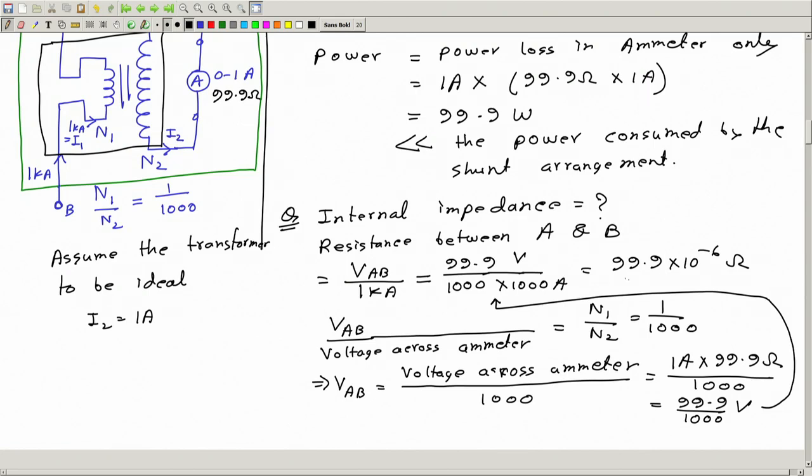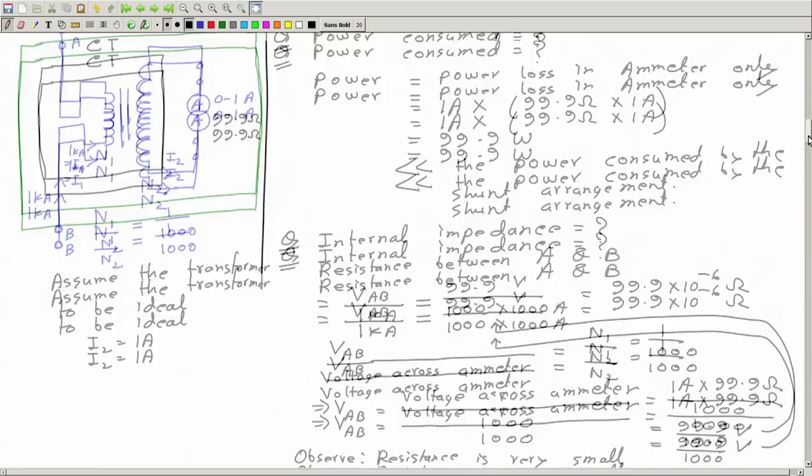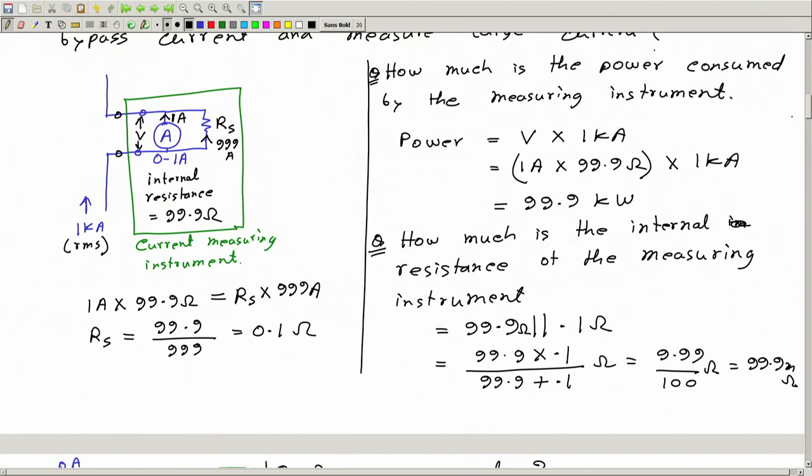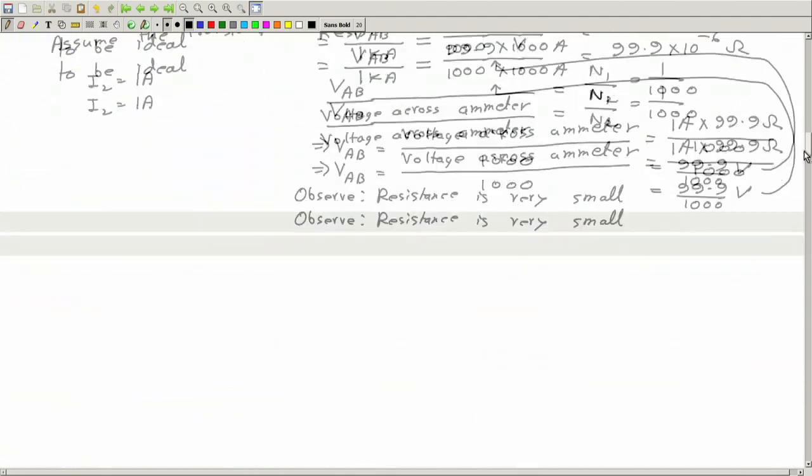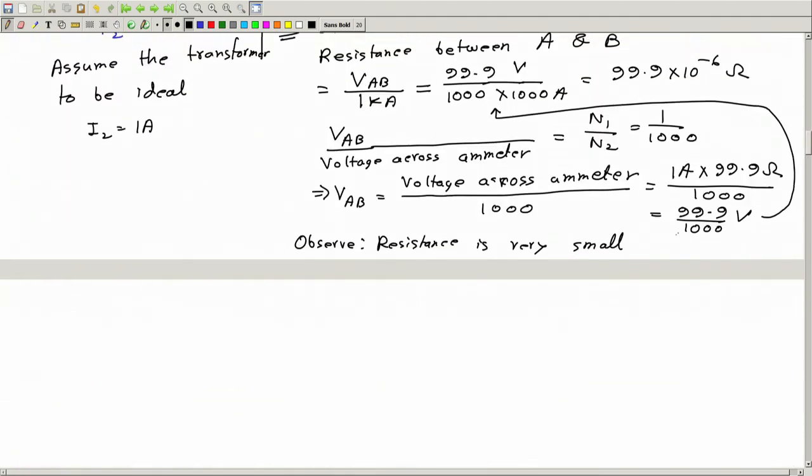So you see this resistance is very small. Observe, the resistance is very small, and much smaller compared to the earlier arrangement where we had 99.9 milliohm, but here it is 99.9 microohm.